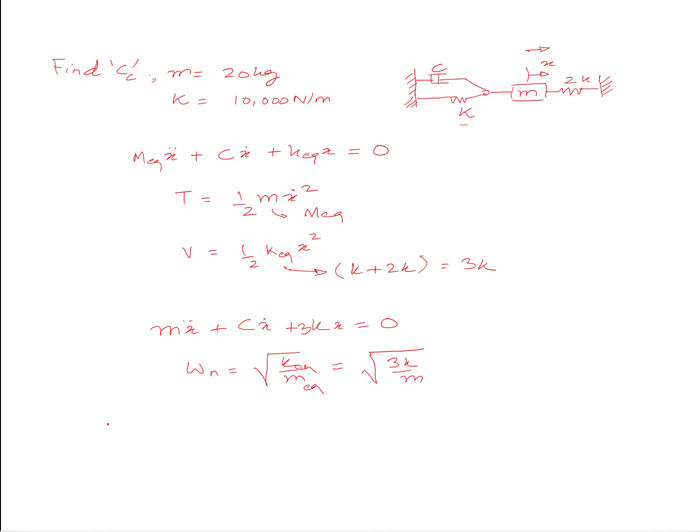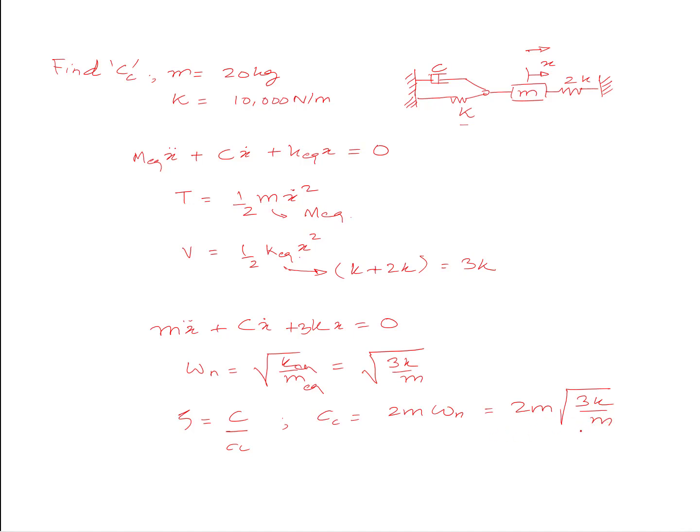And the damping ratio zeta is equal to c over Cc. We want to find Cc in this case. Cc is equal to 2 m omega n. Omega n is known, we already calculated that, so that is 2m times the square root of 3k by m.